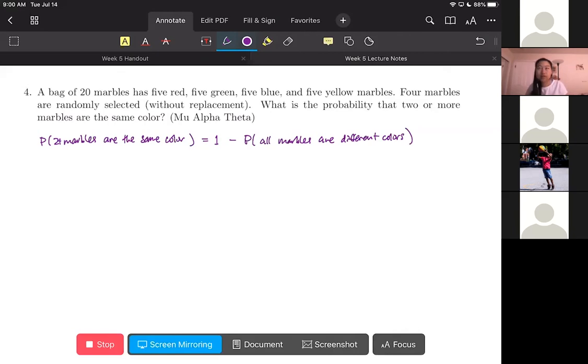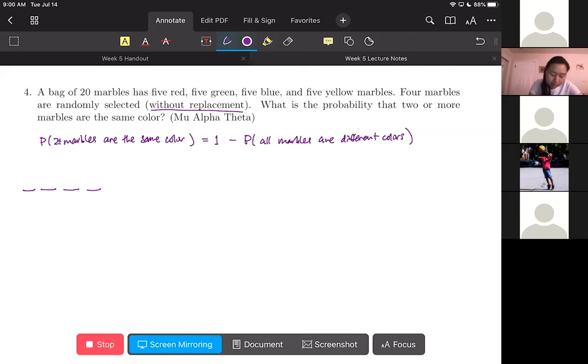So you're close. To make things easier, let's assume that we're picking marbles in order. So first we pick a marble, then we pick another, then another, then another. And it says we want to select without replacement, which means once we pick a marble, we don't put it back.